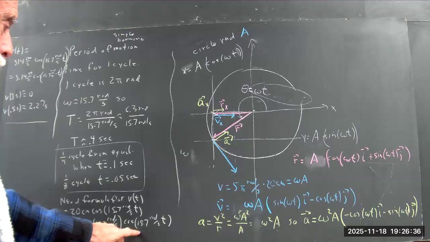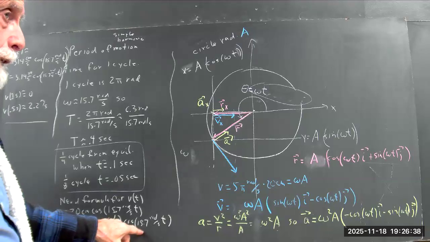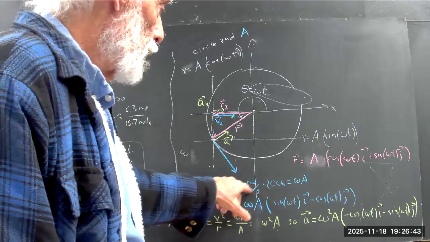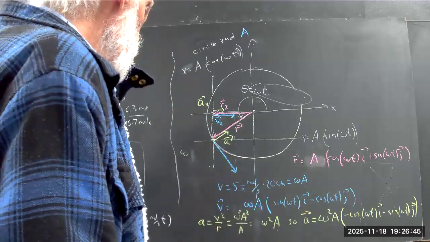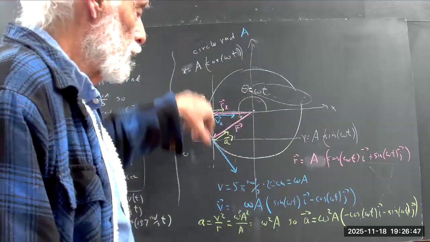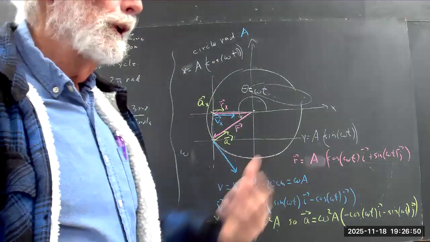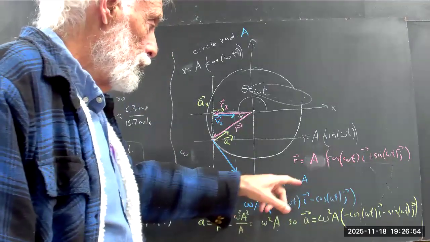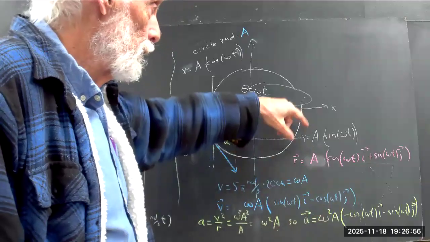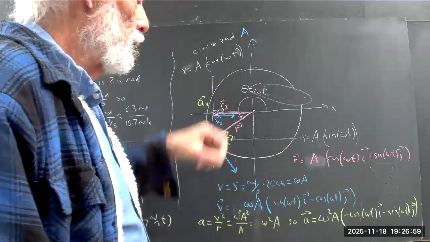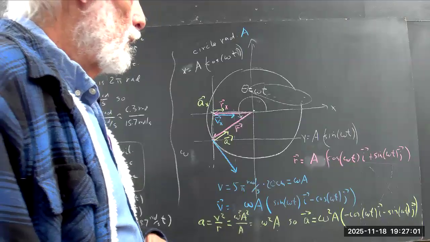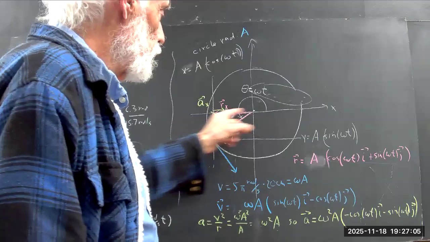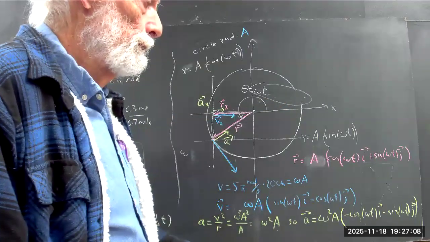For a model here, we would let omega be 5 pi radians per second. The only place we got that is there, but I've replaced that by omega A. If we have another angular velocity, if we do the square root of k over m for another system, we're going to get some other angular velocity. That'll be our omega. That tells us how fast we're going around the unit circle. And then we imagine the projection on the x-axis of that point going around the unit circle.